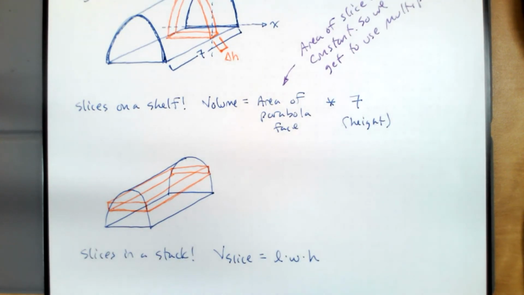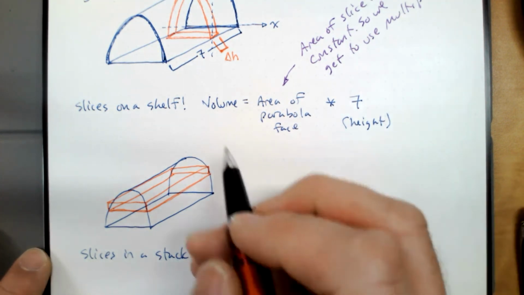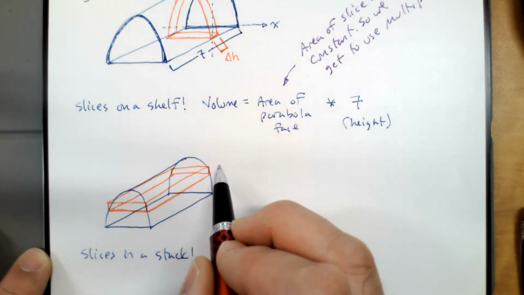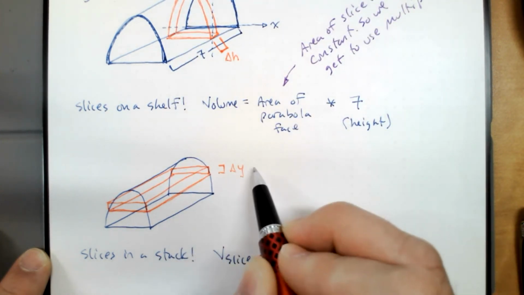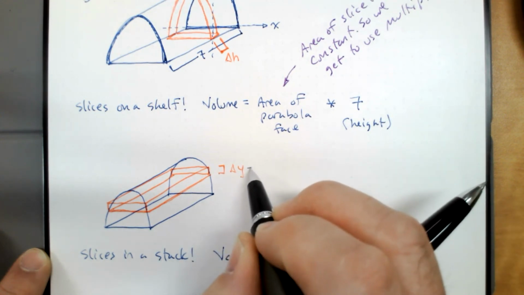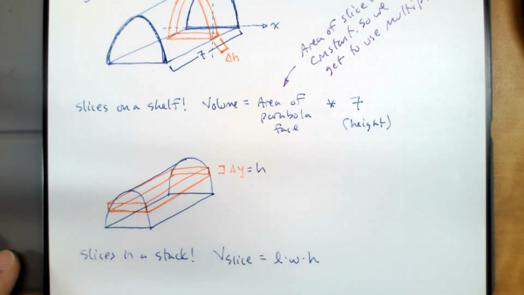So the volume of the slice is just going to be length times width times height. In this case, our height can be delta y, because we're making a stack of slices.